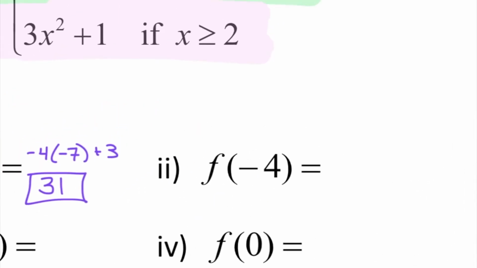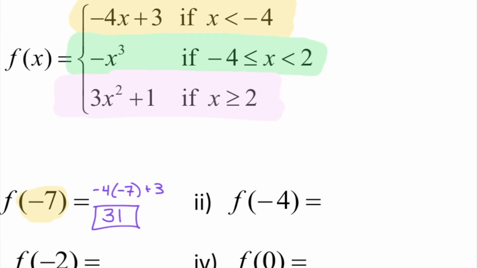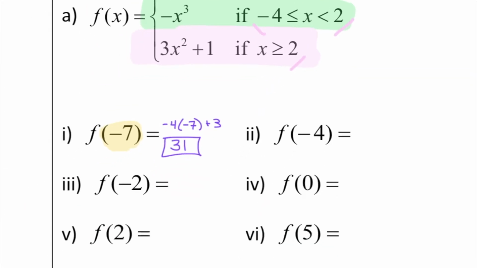I'll go this way, f of negative 4. You know that I'm going to ask you the values at the transitions. So that's negative 4 and positive 2. I have asked you about negative 4 and positive 2 because that's where the transitions are, and you need to make a decision about whether to use the first equation or the second equation.